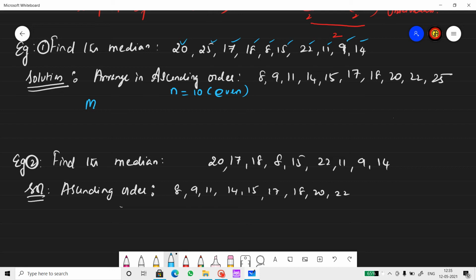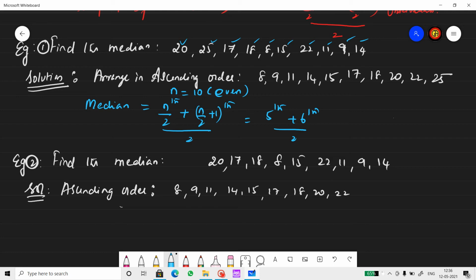As per the formula, if it's even, median equals the (n by 2)th observation plus the (n by 2 plus 1)th observation, divided by 2. That means the 5th observation and the 6th observation, divided by 2. 10 by 2 is 5, and 10 by 2 plus 1 is 5 plus 1, the 6th observation.